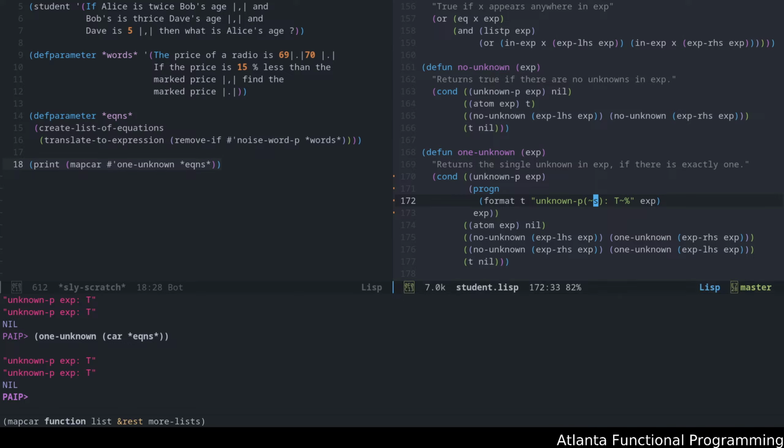EXP should be something. What is the unknown for this guy? For some reason, the equation isn't being passed in. It's not being rendered by format. Why?